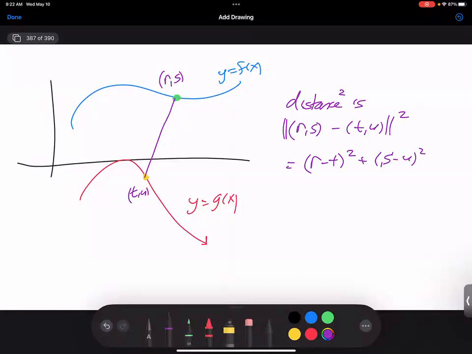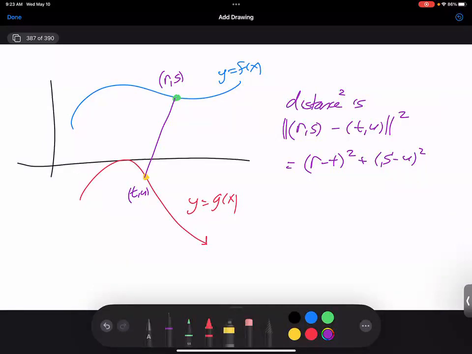But we have several constraints. We have that RS has to lie on the blue curve, y equals f of x. We have that TU has to lie on the red curve, y equals g of x. There's a lot of ways we could do this. I could fix a point on the blue curve, and then find which point on the red curve is closest to that, and calculate that distance squared.